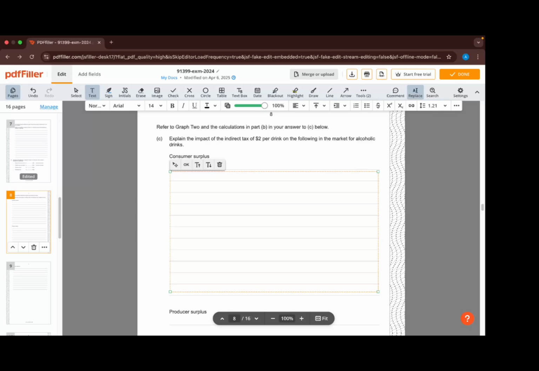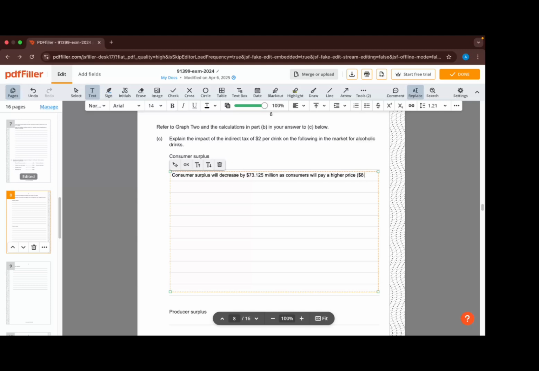Essentially, guys, we'll start off this answer by saying consumer surplus will decrease by 73.125 million, because consumers now pay a higher price, not the original price.